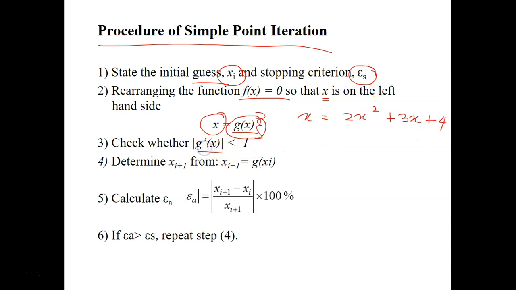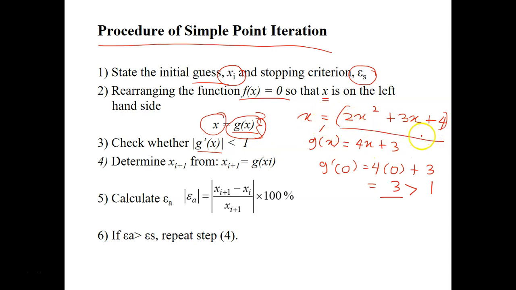You need to take the first derivative, so g prime x is 4x plus 3. Then substitute your initial guess. Let's say your initial guess is 0. So 4 times 0 plus 3, and you get 3. You get a positive answer, which is more than 1, and this is not good. So you cannot use this formula. You need to rearrange your x into another formula.